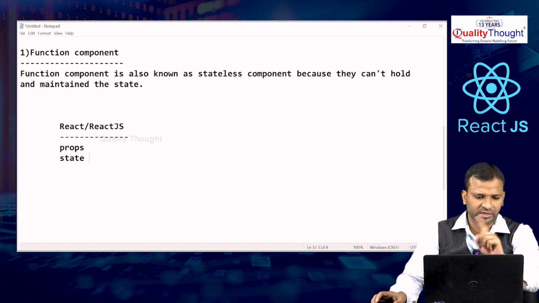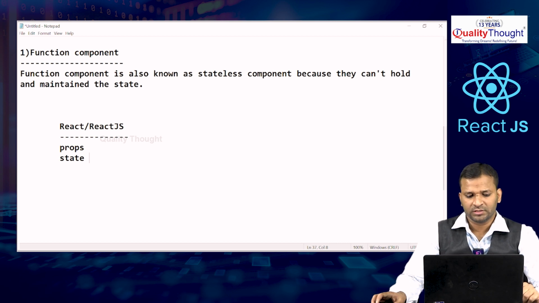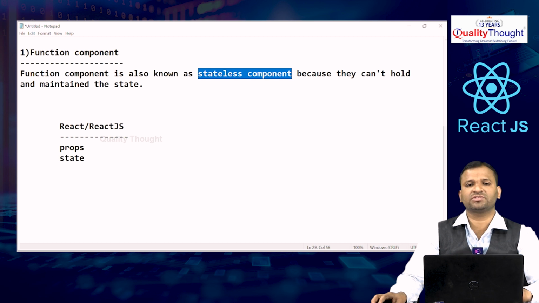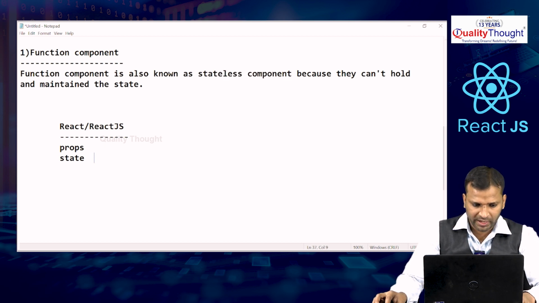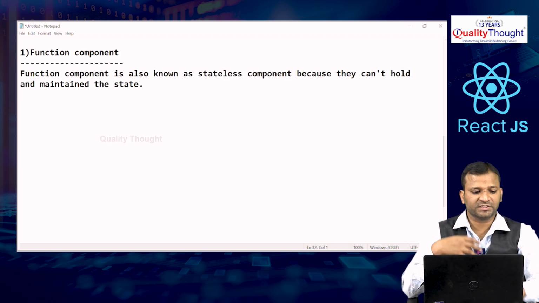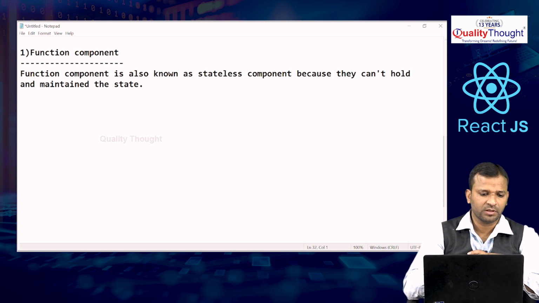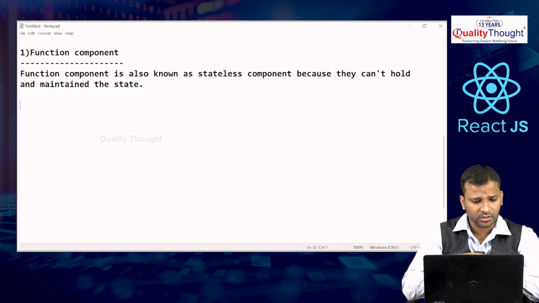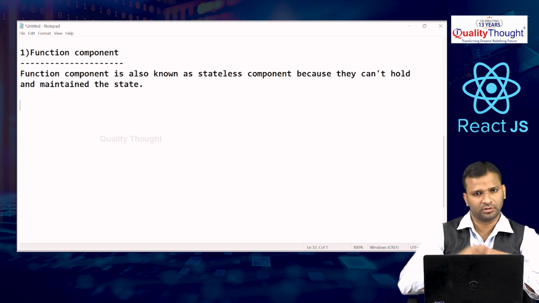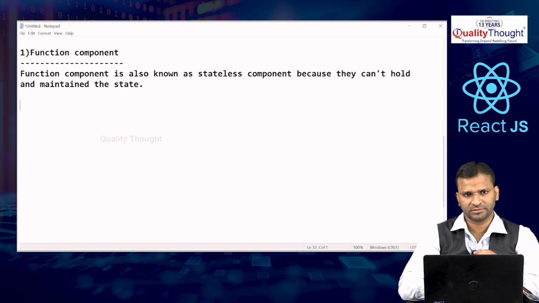Function components cannot deal with state, guys. That is the reason function components are known as stateless component. So in this video, we will see how to create a function component, and after that how to create a function component using props, or with props.